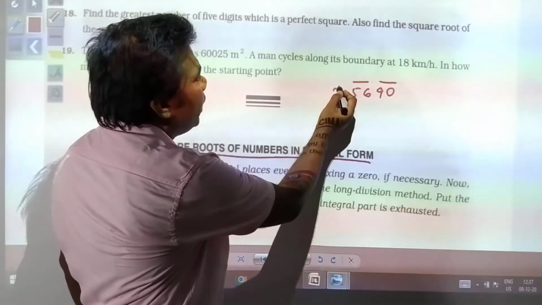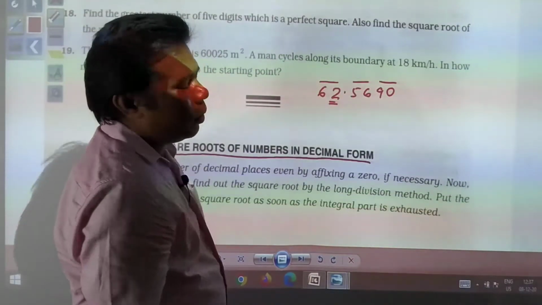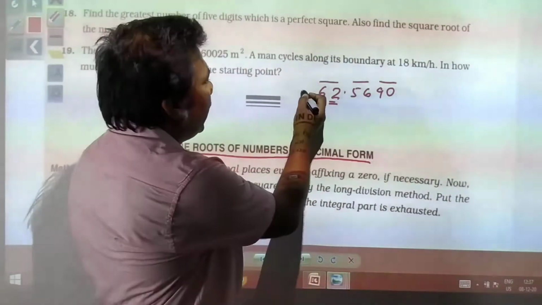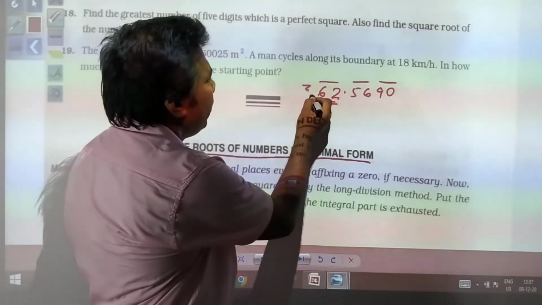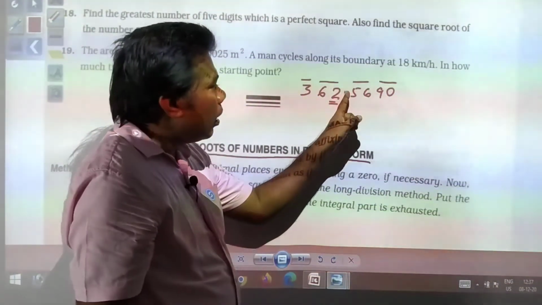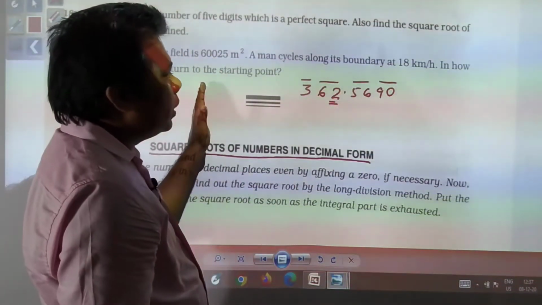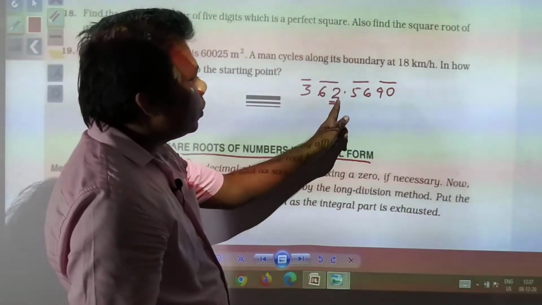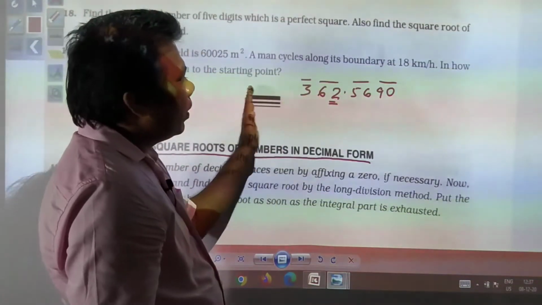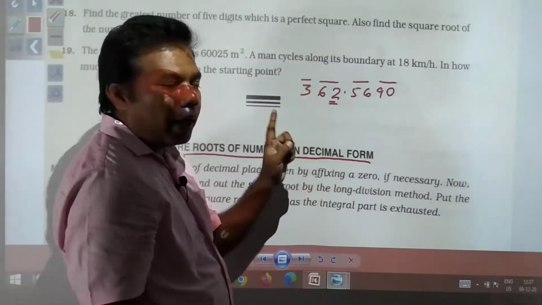Before the decimal we move this way and do the pairing, and if a single digit is left, it will be alone.